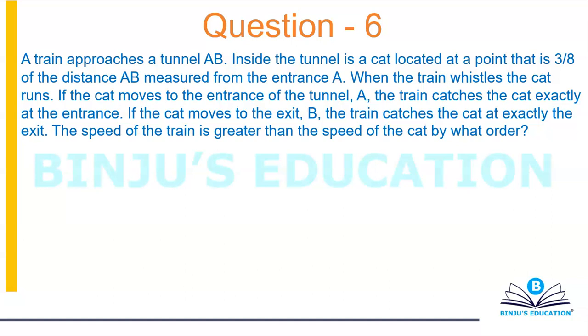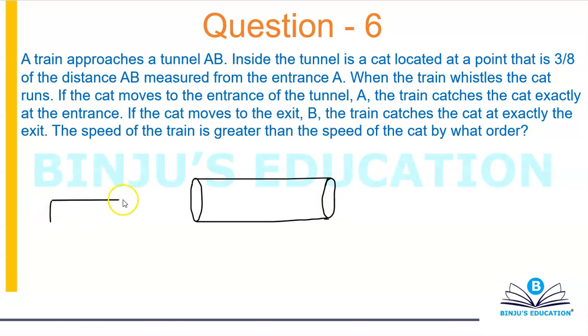All right. So first of all, I'm going to draw a tunnel. And then there is a train which is approaching it. Okay, this is A, this is B. Inside the tunnel, the cat is located at a point that is 3/8 of the distance AB from the entrance here.